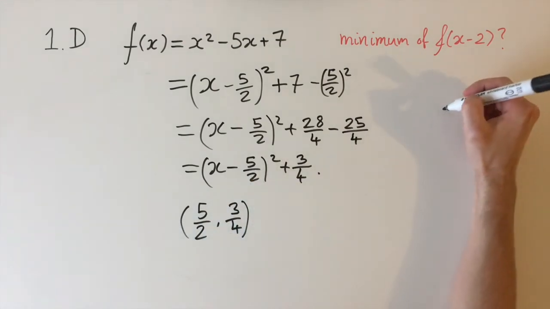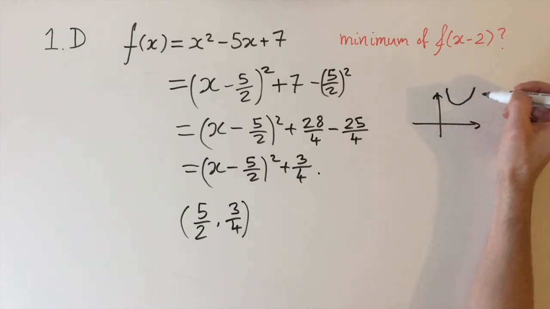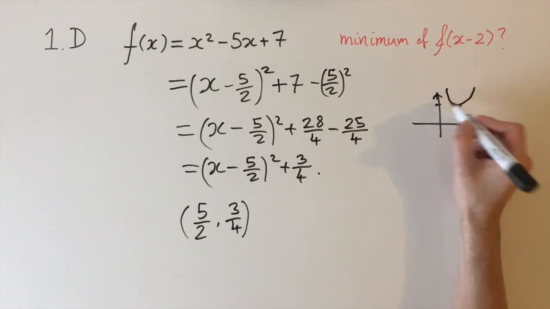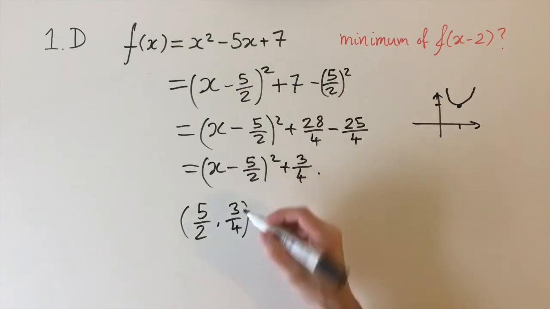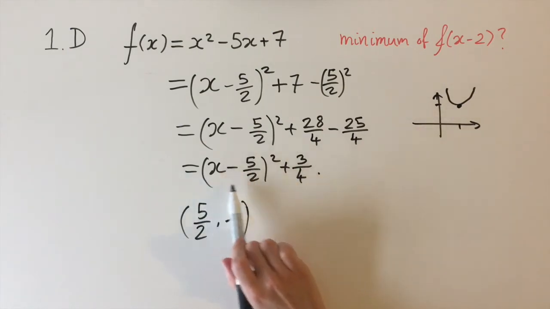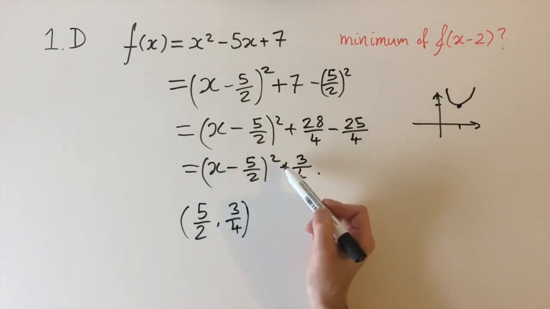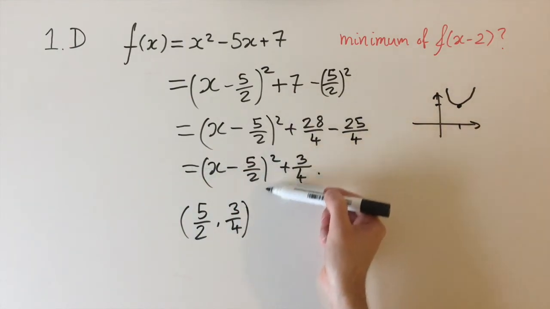If I do a quick sketch of this quadratic, maybe it'll look something like this. We want to find the coordinates of this point right here, this black dot. We've got it in the completed the square form, so this is a squared term plus a constant. Whatever value of x we put in here, when we square it, it's going to be non-negative. So if we want to find the minimum of this function, we can think about minimizing this bracket.